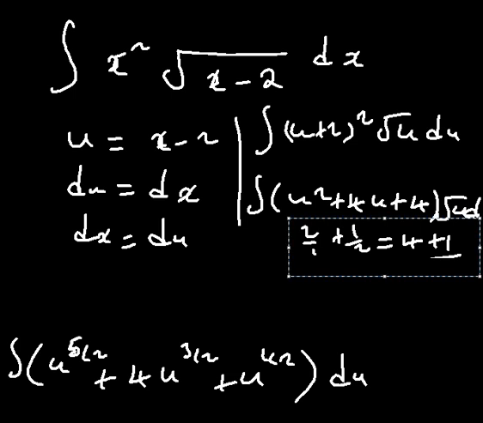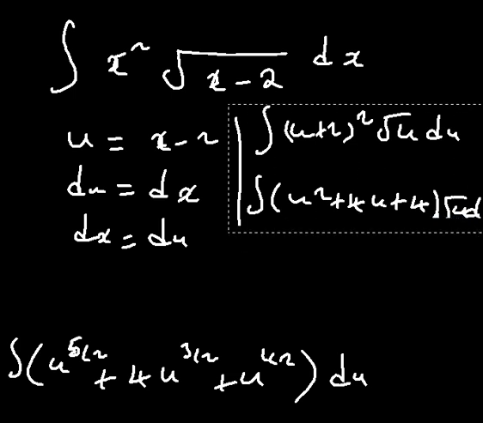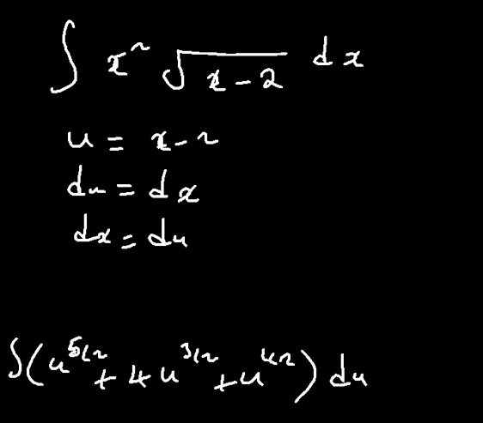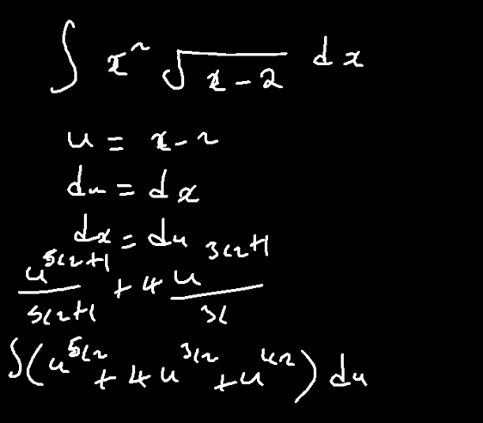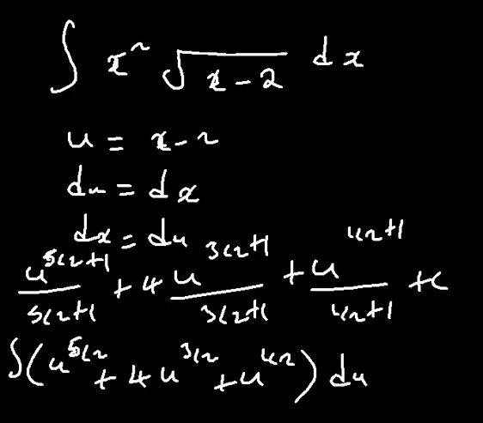We have u to the power 5 over 2 plus 1, divided by 5 over 2 plus 1, plus 4 times u to the power 3 over 2 plus 1, divided by 3 over 2 plus 1, plus 4 times u to the power 1 over 2 plus 1, divided by half plus 1, and plus c. You should have it as that.